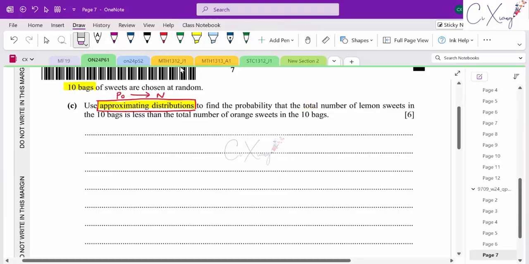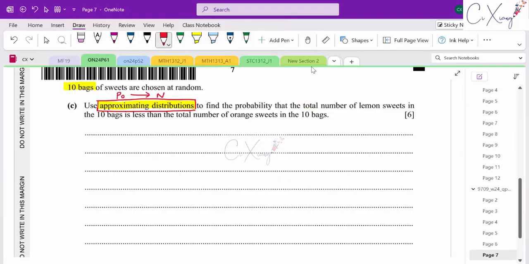If you try to convert this whole sentence into symbols, probability means P. The total number of lemon means L, but this L is now for 10 bags, less than, so smaller than, the total number of orange. I still put it as R, but this is the R for 10 bags now. So basically for this question, they want us to calculate this probability.